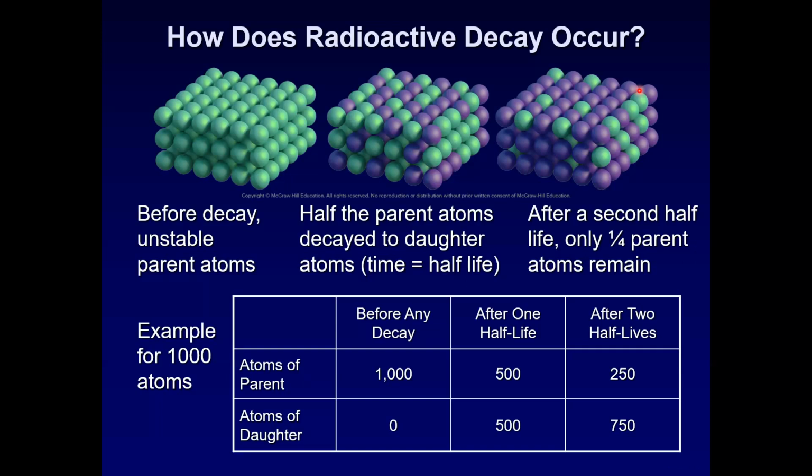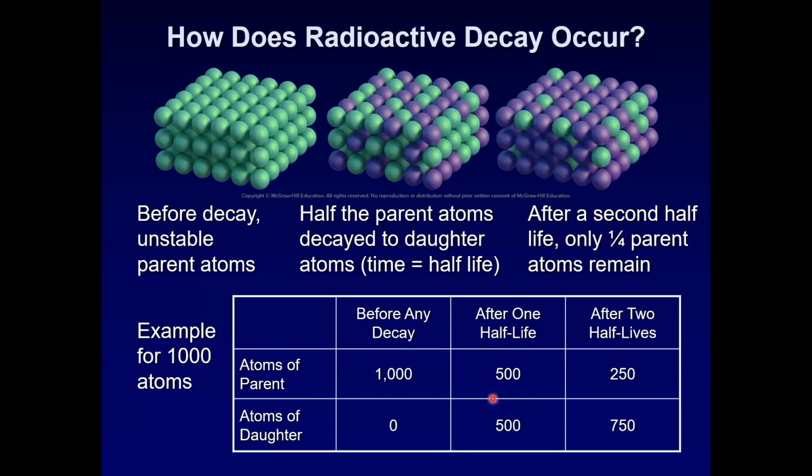For 1,000 atoms, before any radioactive decay occurs, you start with 1,000 parent atoms. 0 daughter atoms. After one half-life occurs, and half-life is different for every element, we're just being generic here, you only have 500 parent atoms remaining.